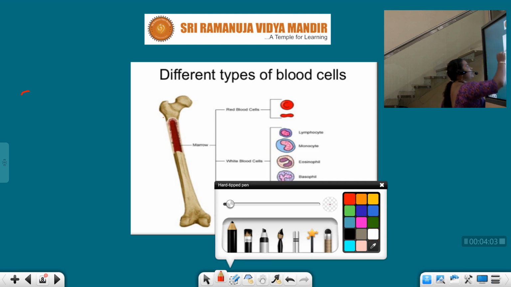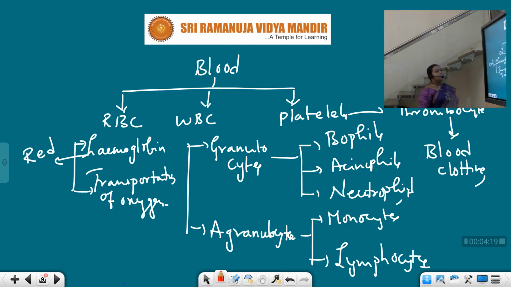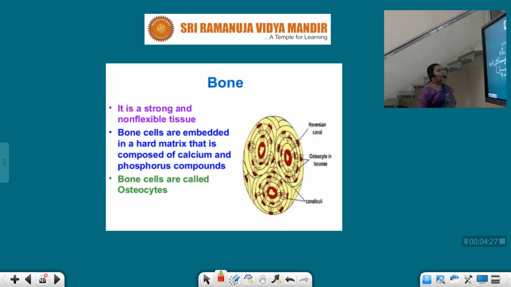See students, here the bone is represented and the central part is called bone marrow. So this bone marrow is the site of synthesis of different blood cells in our body. See children, the mind map shows the different types of cells present in our blood, like RBC, WBC, platelets and all.